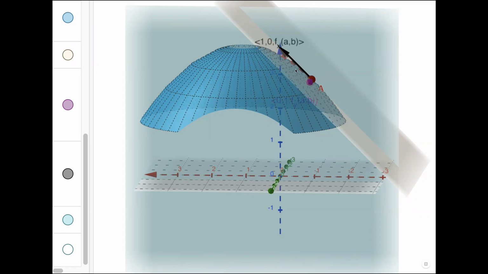That tangent vector has to be on the tangent plane, because anything that is tangent to any curve going through A has to be on the tangent plane.